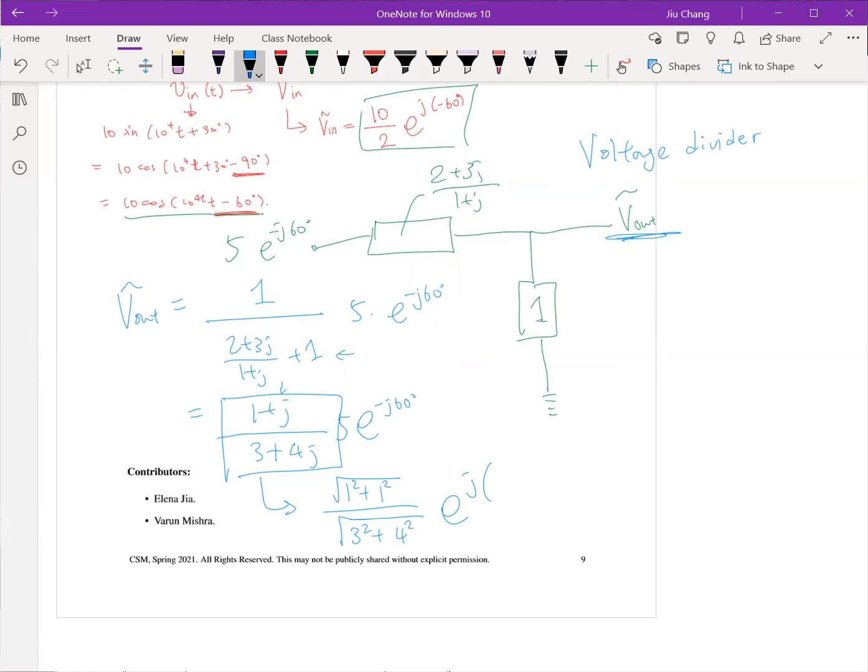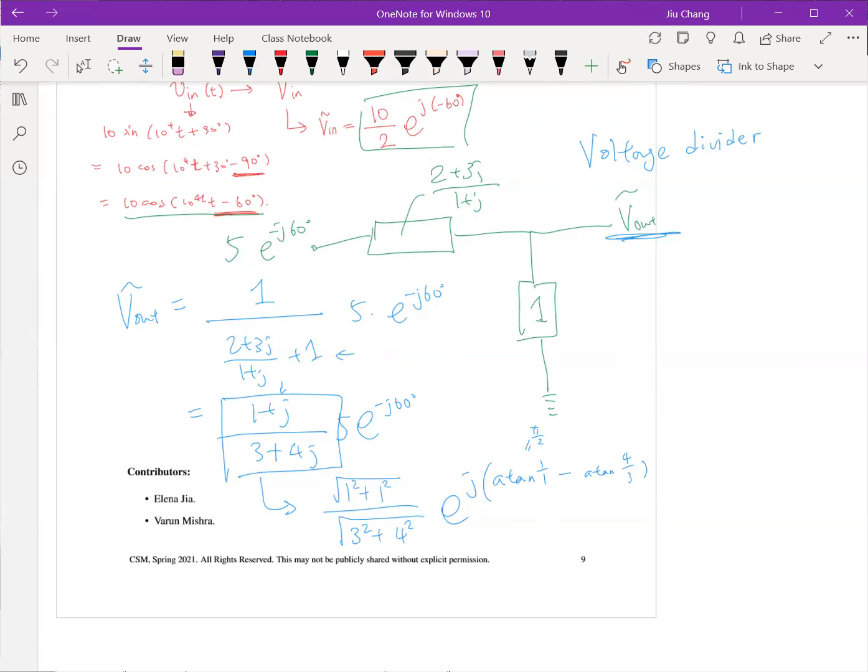So the phase will be atan 1/1, which is just pi over 2, minus atan 4/3. Well, do we need a calculator for this?